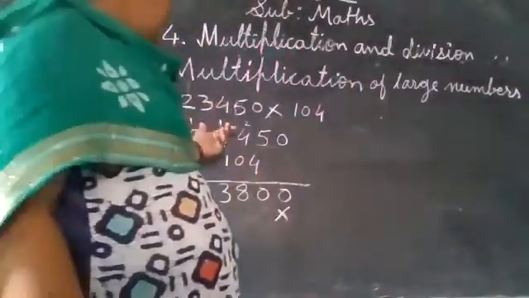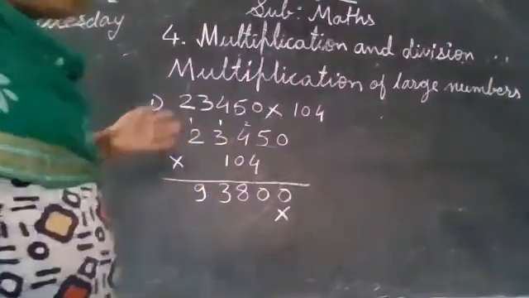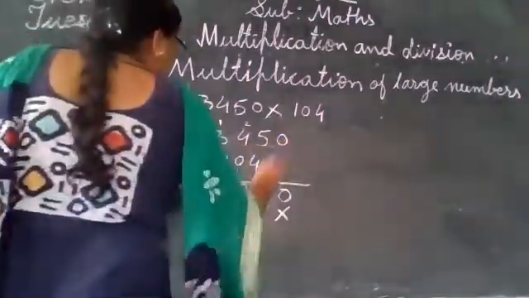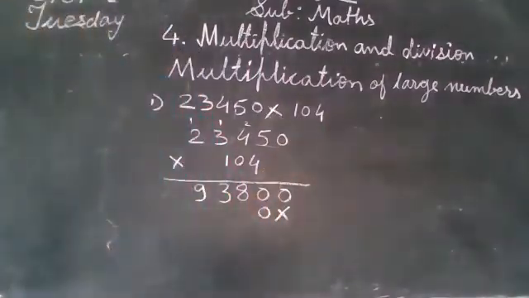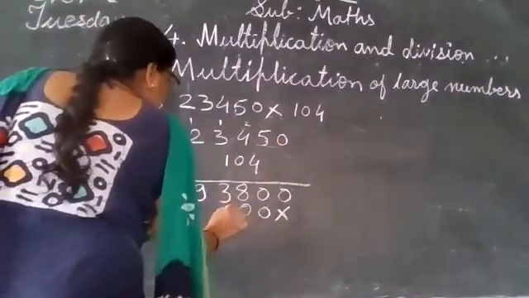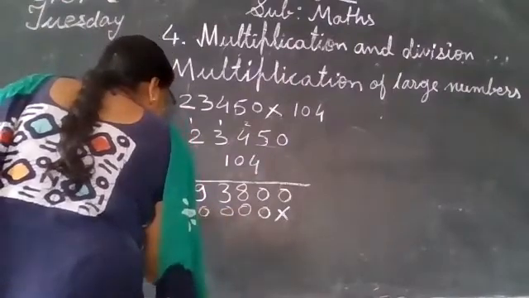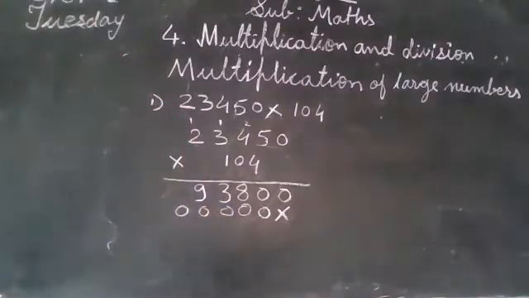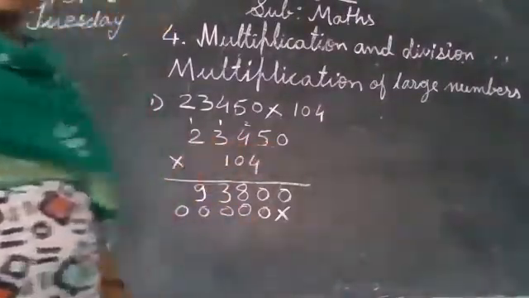Now we have learned if any number is multiplied by 0, we get 0. So after multiplying, we get 0 times 0, 0, 0 times 5, 0, 0, 0, 0, 0, 0. Got it, beta? So this line is by multiplying all these digits by 0.